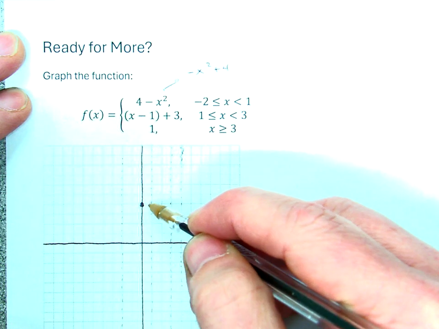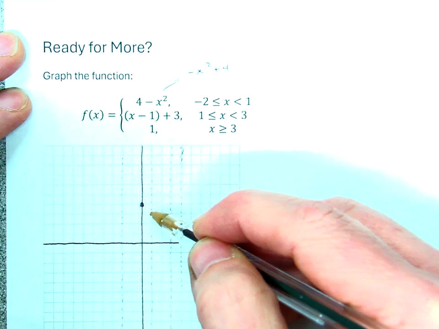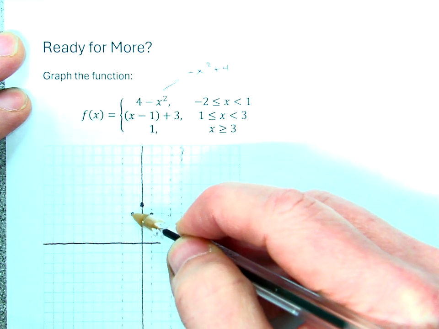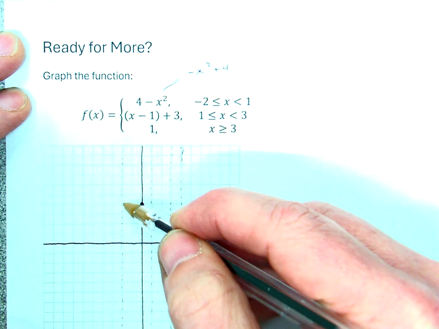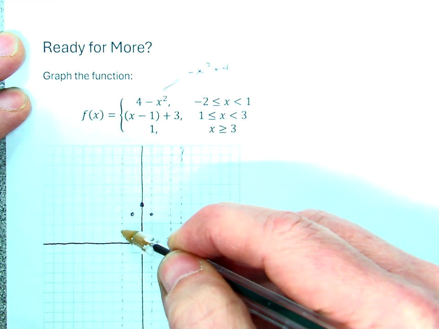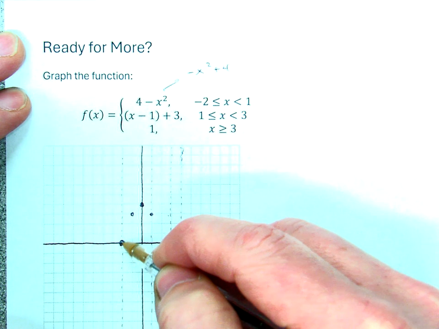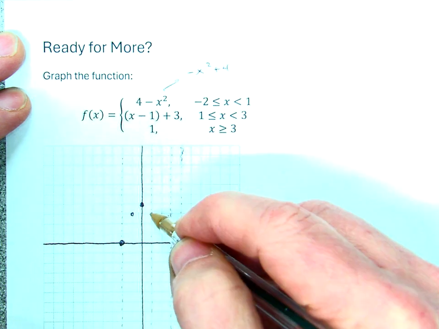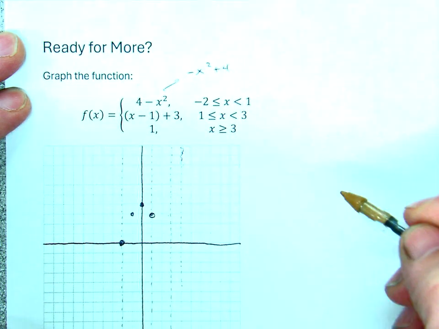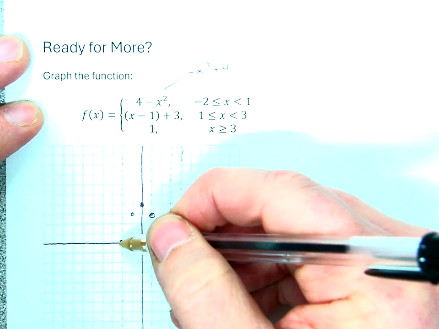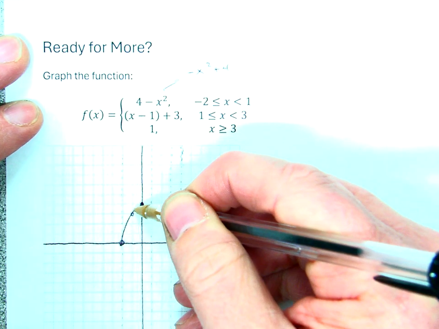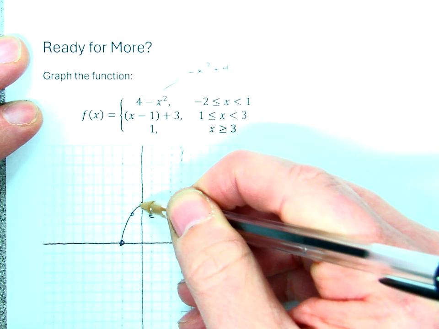So if I go out 1, I'd be going down 1, out 1, down 1, out 2, down 4, 1, 2, 3, 4. Now, solid point here, open dot here. All right? So on this section, it's just this portion of the parabola that fits right here.